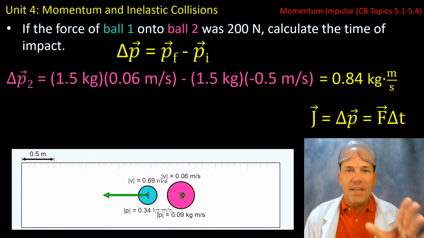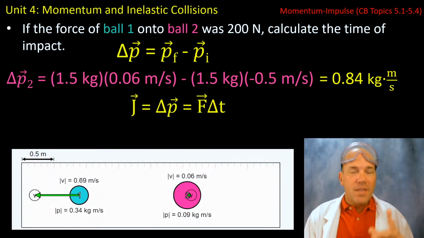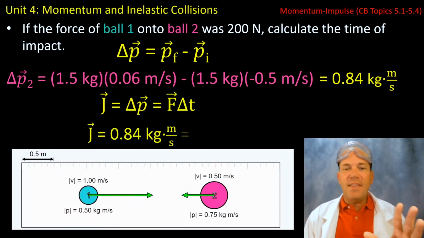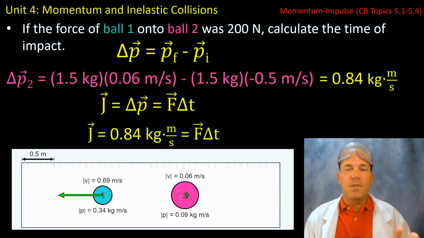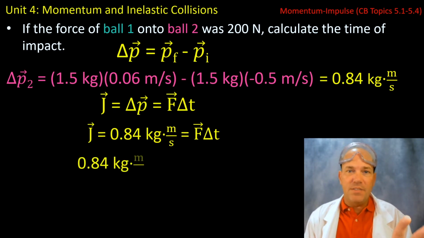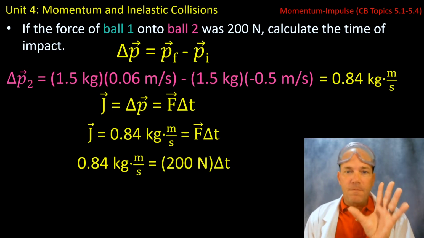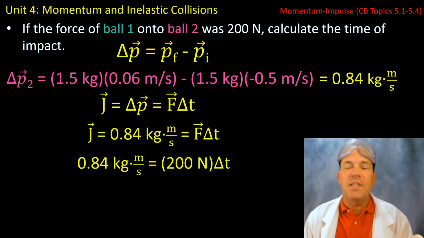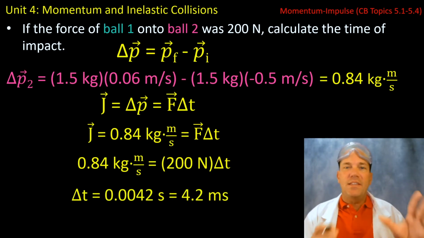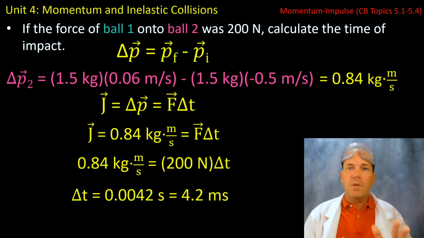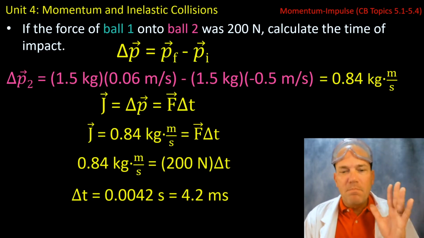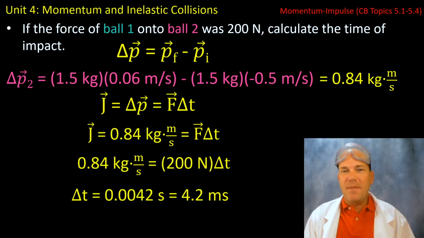We can now acknowledge that that value is indeed the impulse, which means we can set that equal to force multiplied by time. We can now divide both sides of this expression by the force of 200 newtons to isolate for time. Solving, we get 0.0042 seconds, or 4.2 milliseconds, for that time of impact.